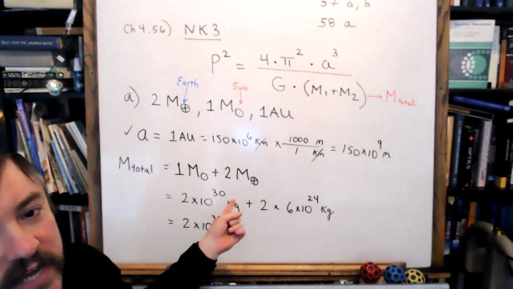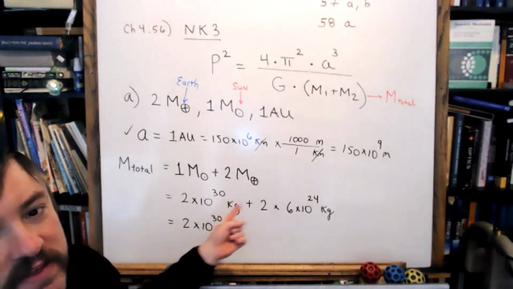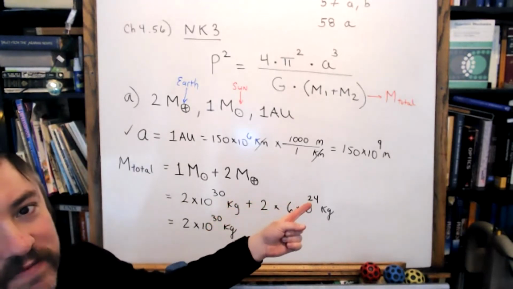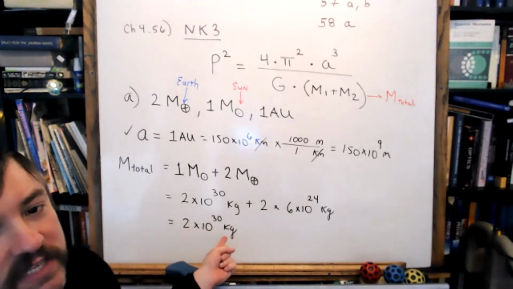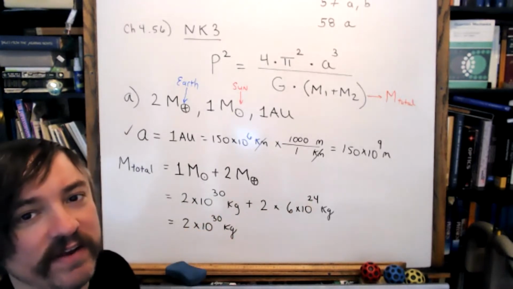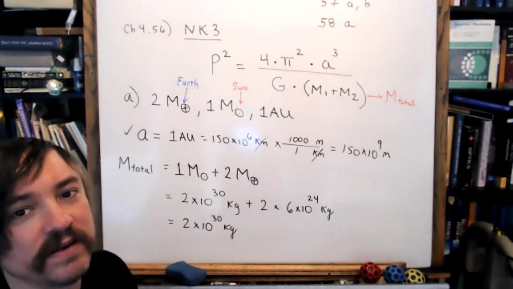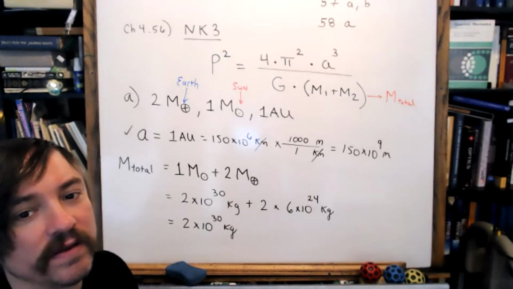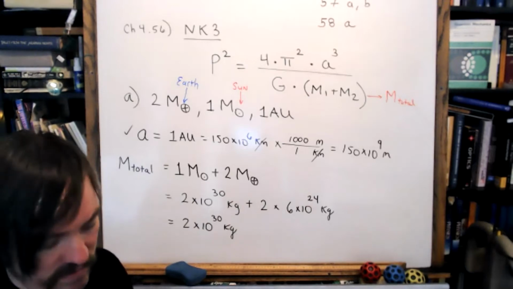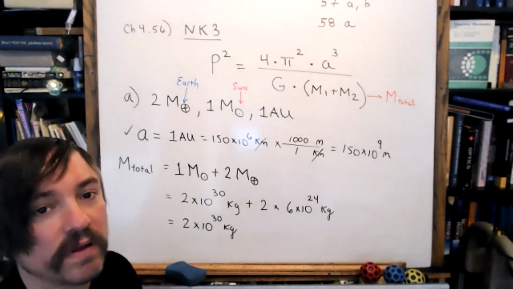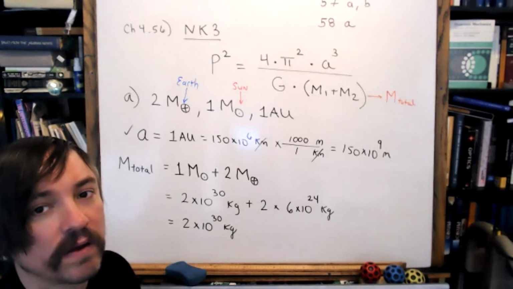Okay, that's cool, Valentina, but you know why that sounds weird to me? You just added 2 times 10 to the 30 kilograms, the mass of the sun, plus twice the mass of the Earth, but all you're saying you got was 2 times 10 to the 30 kilograms? Doesn't that seem kind of weird? So what do you think happened there? I did something wrong.